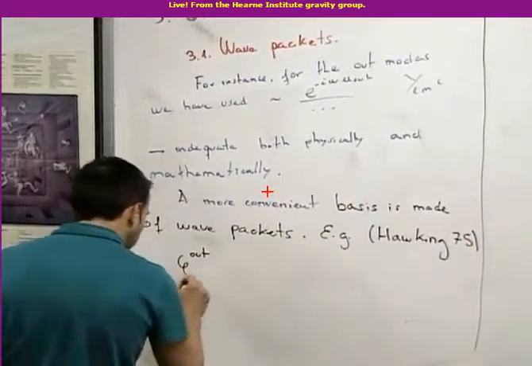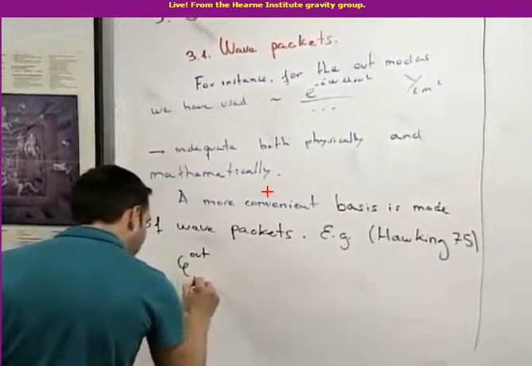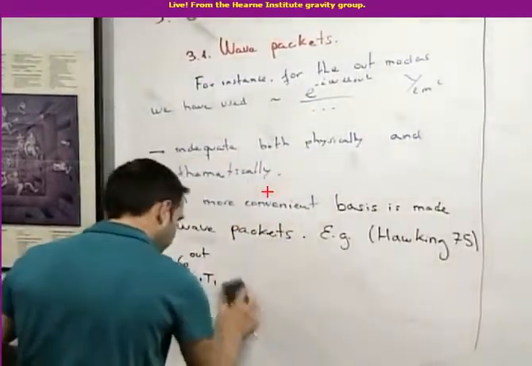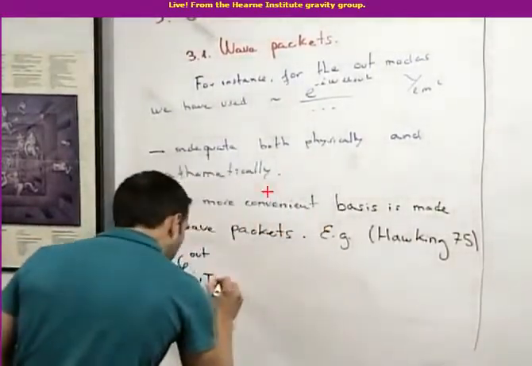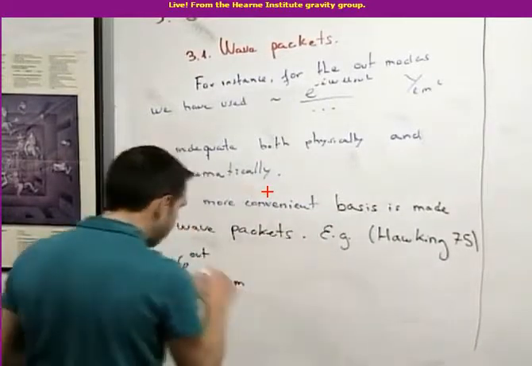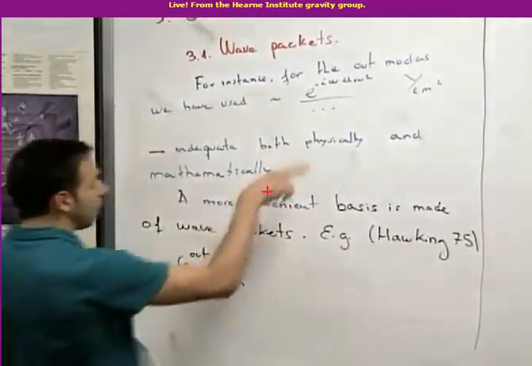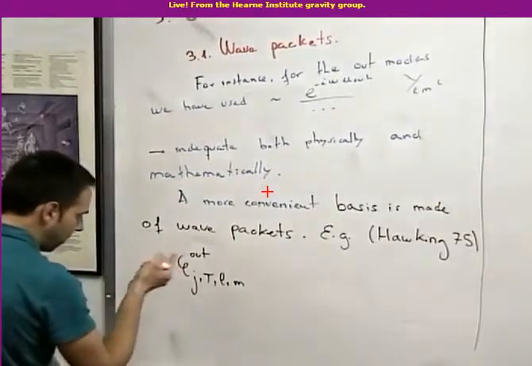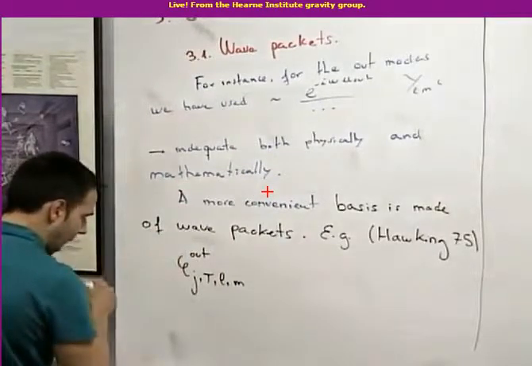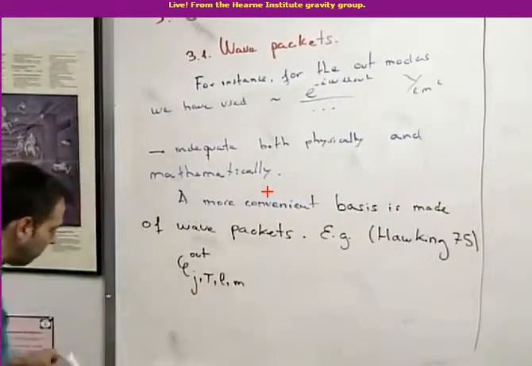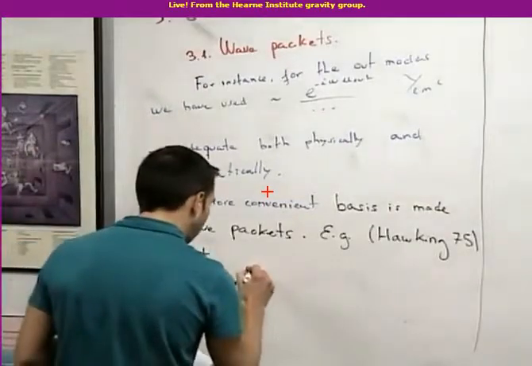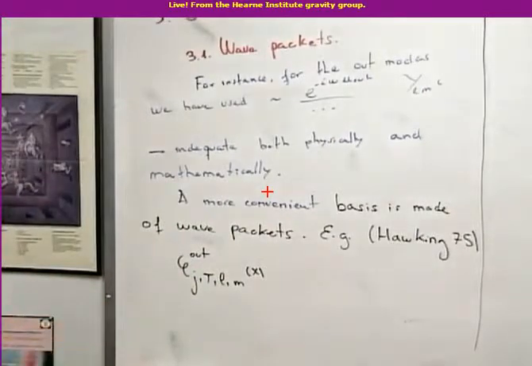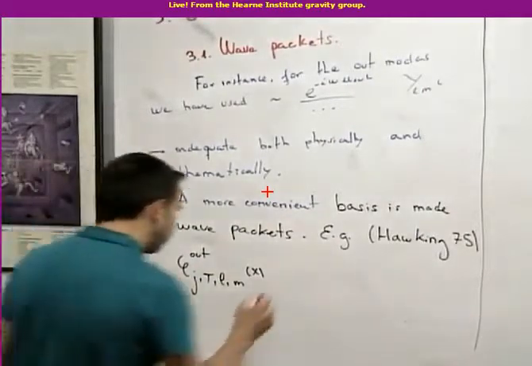The out modes, now for wave packets, have four indices. l, m as before, but now I am replacing omega by j. So j is going to play the role of omega, of the frequency. And in addition to that, there is a capital T, which will play the role of the time at which they are, or the region of spacetime in which they are localized.